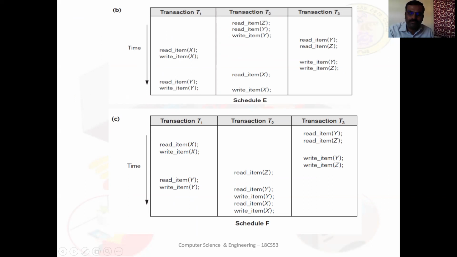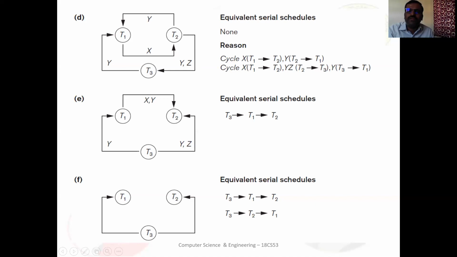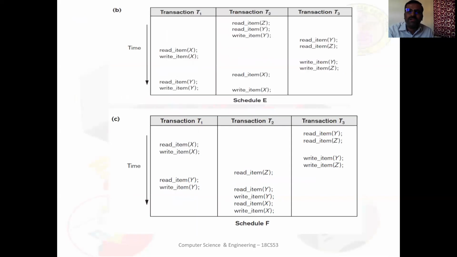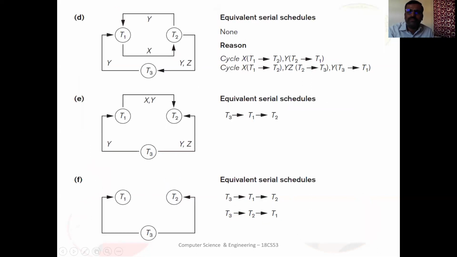T1 to T2. Then the item Y from T2 to T1, right? It's a cycle because the starting node and ending node are the same.